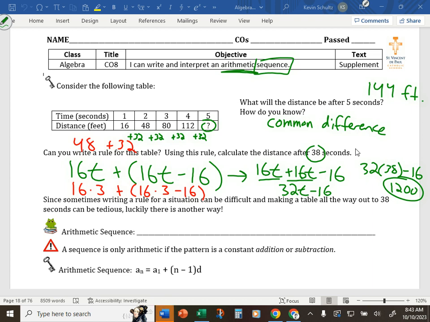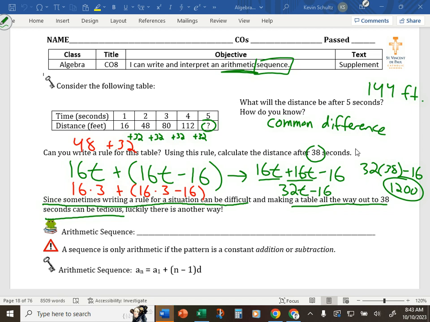Questions on this? Okay. Now, if you struggled with writing a rule for the table, I've got your back. Sometimes writing a rule for a situation can be difficult, and making a table all the way to 38 seconds can be tedious.